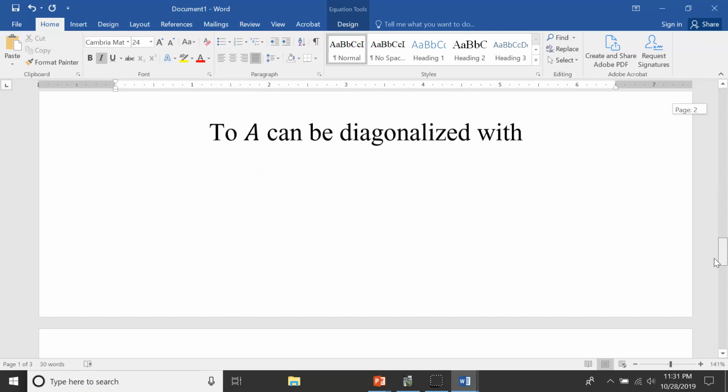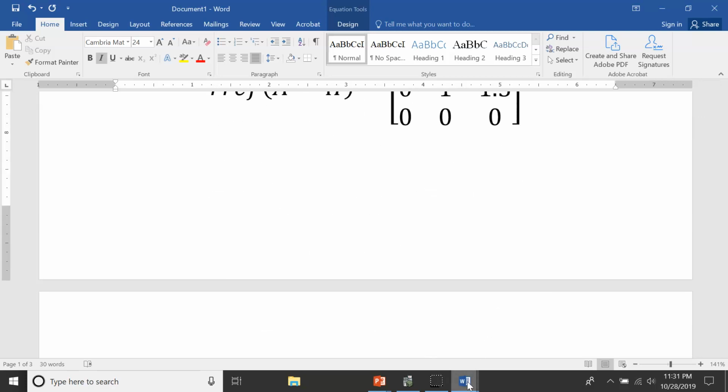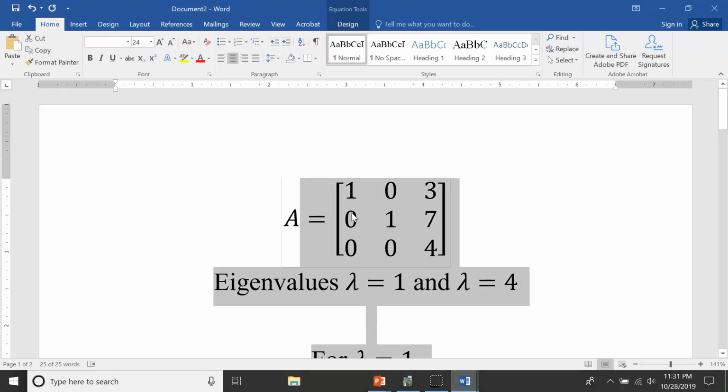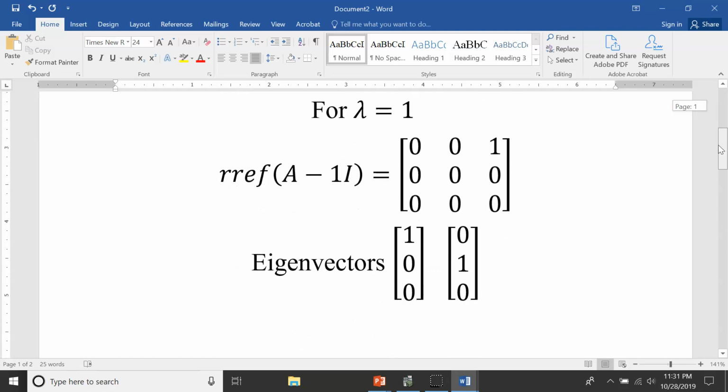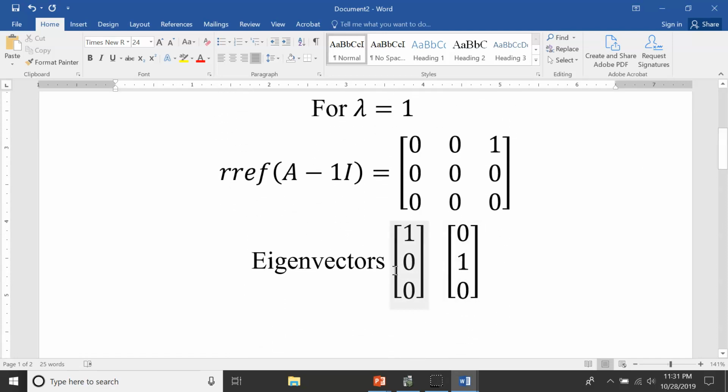The second example of the 3 by 3 case, we only had 2 eigenvalues, but the eigenvalue of 1, which had multiplicity of 2, generated an eigenspace whose basis has 2 vectors in it.